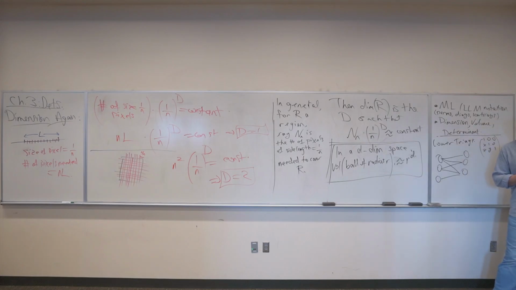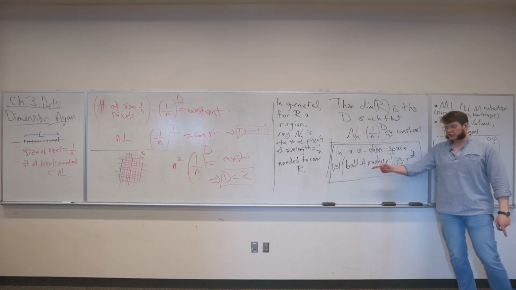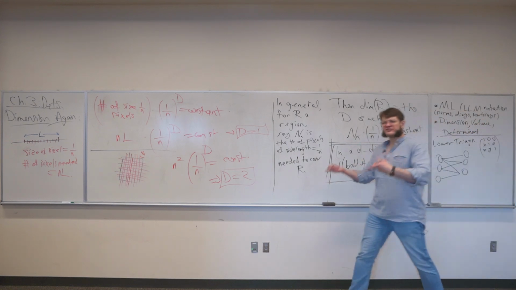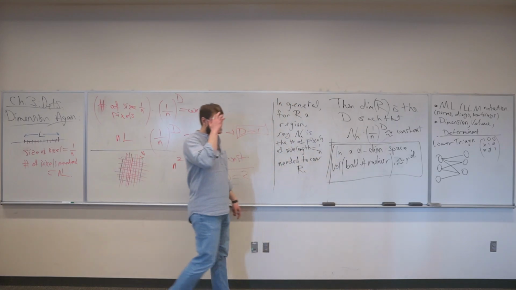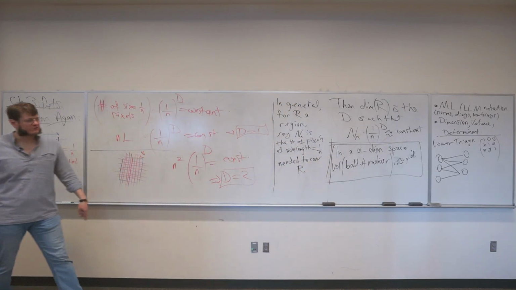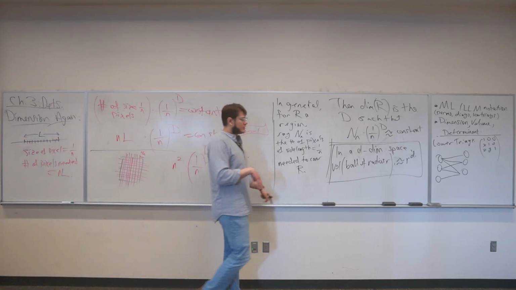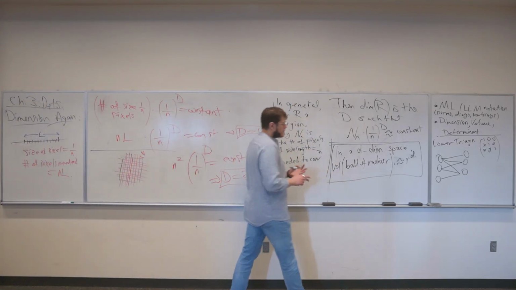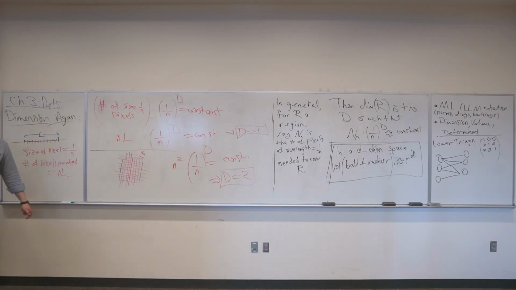Okay. So for instance, in one dimension, if I were to take an interval of length r, its volume in one dimension, of course, is length. Well, it grows like r to the 1. In two dimensions, pi r squared, okay, I don't want to worry about pi. It grows like r to the 2. In three dimensions, there's a formula I don't even remember. But somewhere in there, it depends on the radius as a cubic, okay?